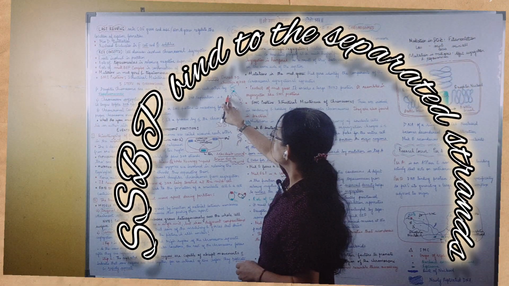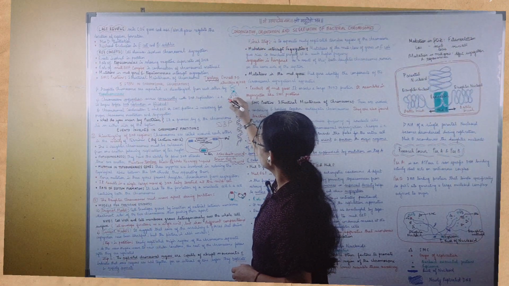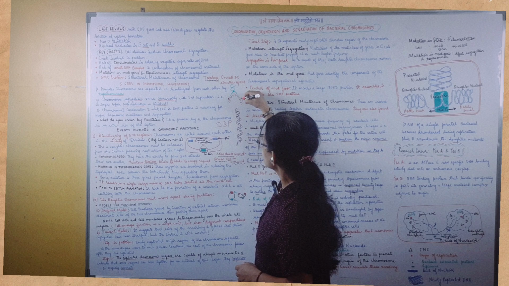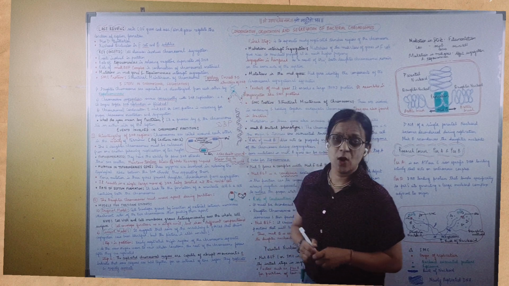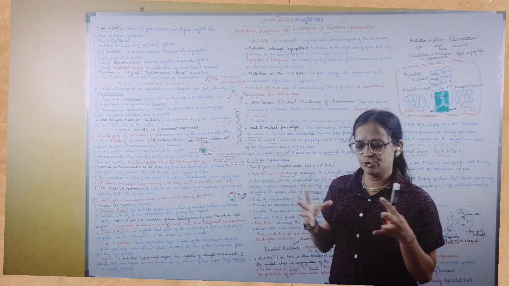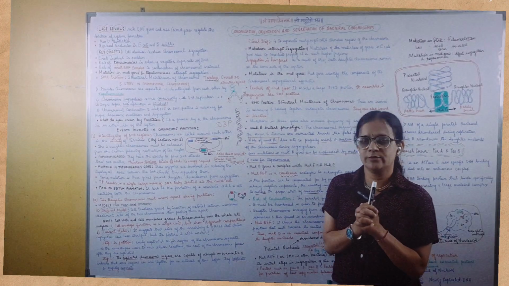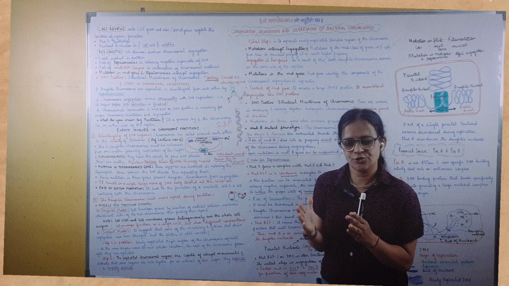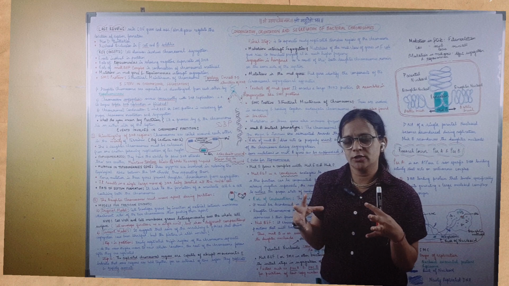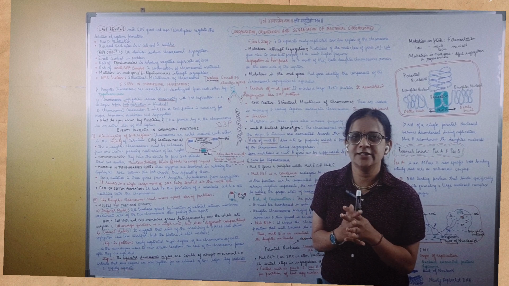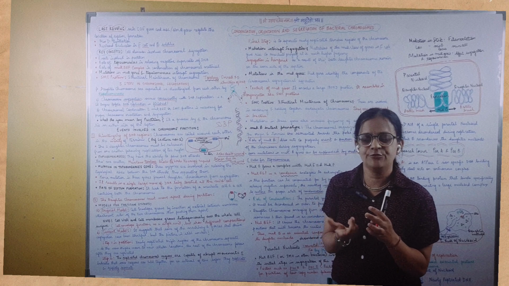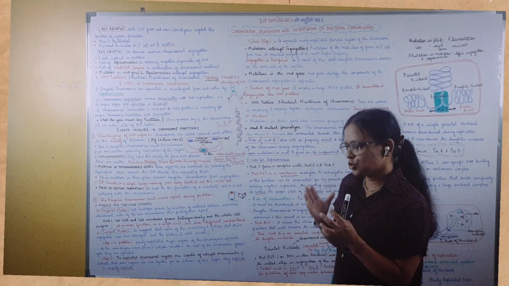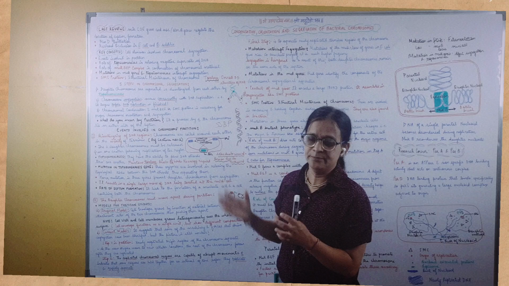So you have these two strands separated and you have these SSBPs binding to the two template strands. Why? They will not allow the two strands to again helically coil, because the replication should occur. Unless and until the replication process is over, we don't want the strands to again get entangled or again form a double helix, right? To stop that, you have SSBP.